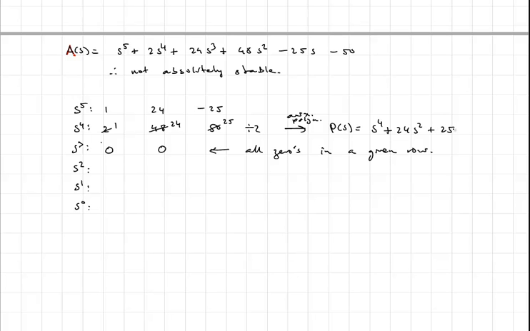And then what we actually do is we take the derivative of this auxiliary polynomial and we plug it back in, and we replace the zeros with the derivative. In this case it's going to be 4s^3 plus 48s plus 0. So we'll put 4, and we'll put 48.